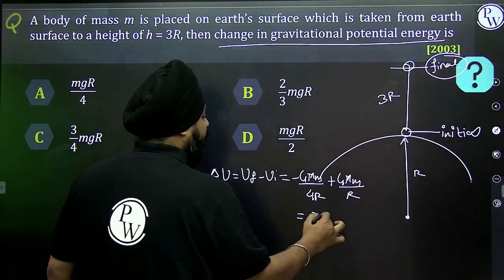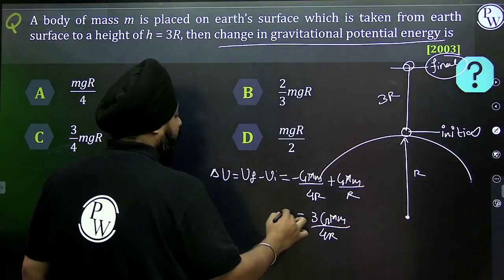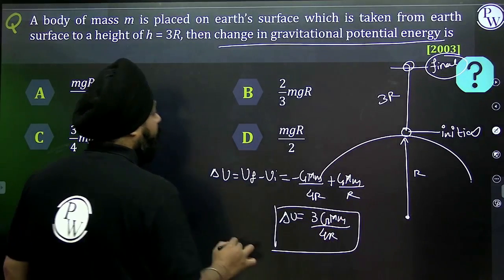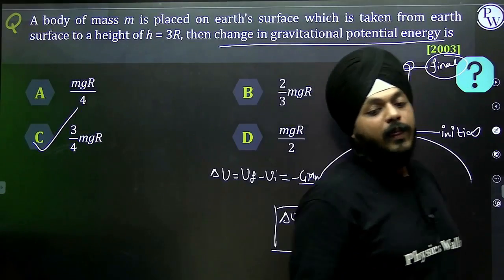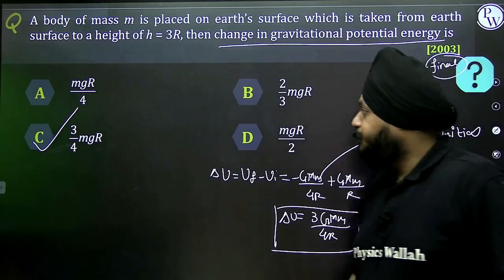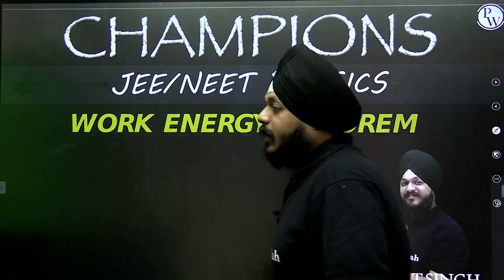So finally it is 3 G M m divided by 4r. So this will be the change in potential energy of the particle: 3 by 4 mgr.